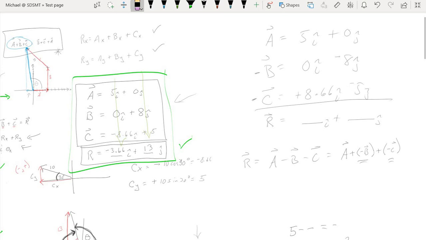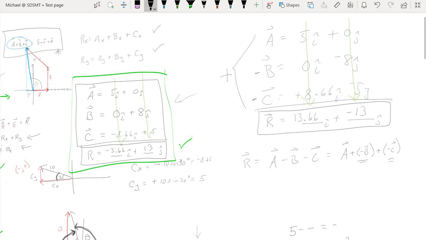And we get a -5. Now we can add all of these vectors together, and we can just drop right down the columns the same way we did before. We have 5 plus 0 plus 8.66. That gives us a 13.66. For the y components, we have 0, minus 8, minus 5, so that is a negative 13.